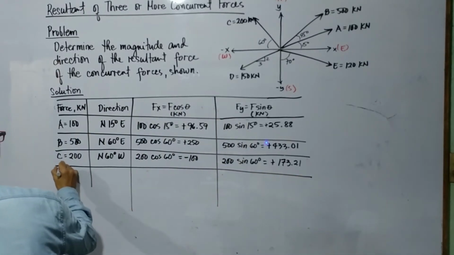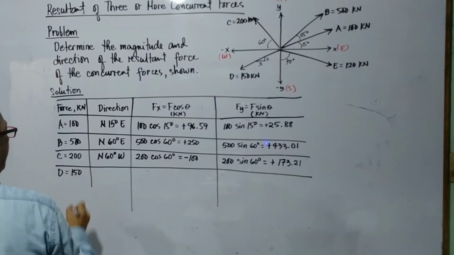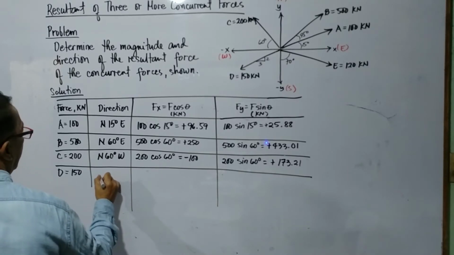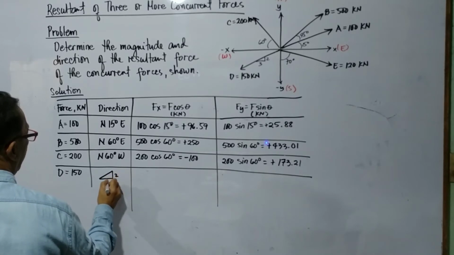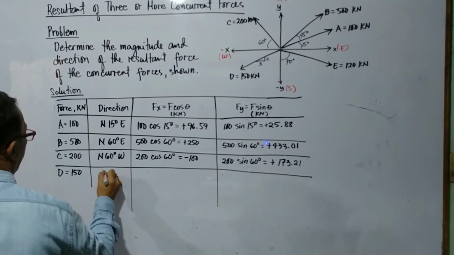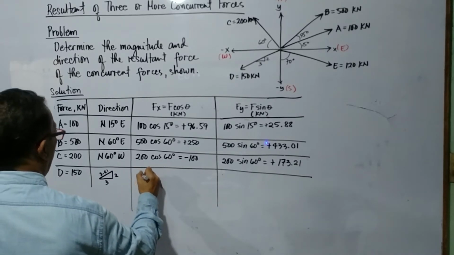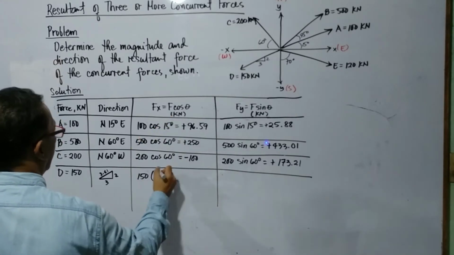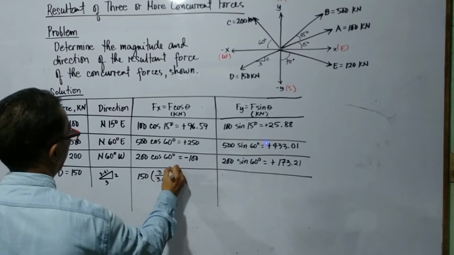For force D, we have 150 kilonewton. It is a slope of 2 by 3, we have now 3.61. So we have now 150 times 3 over 3.61.